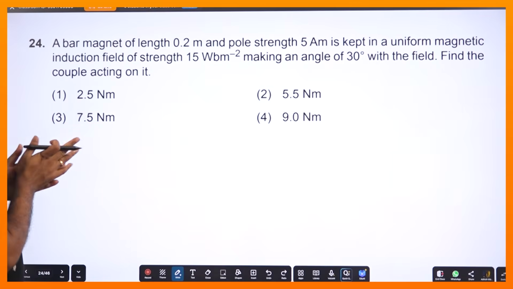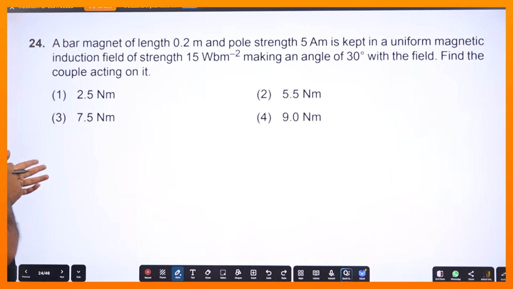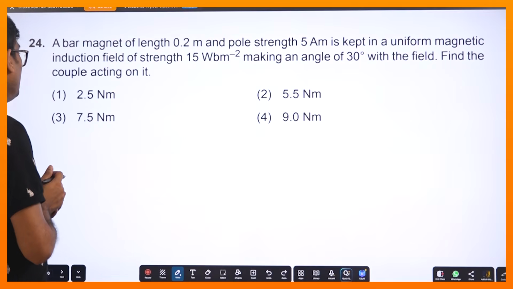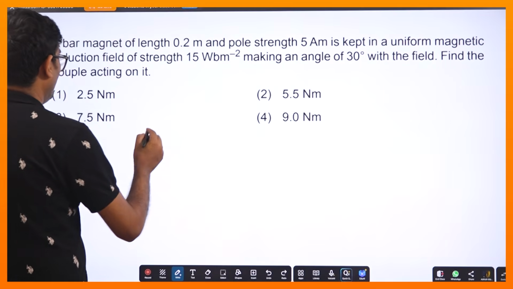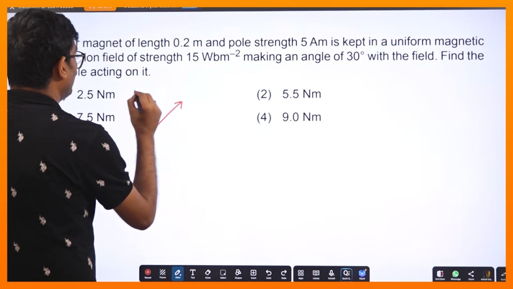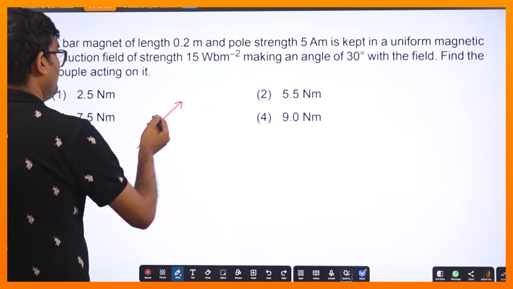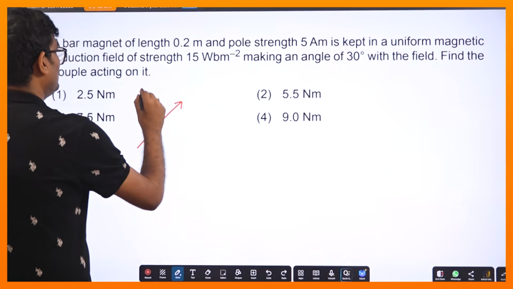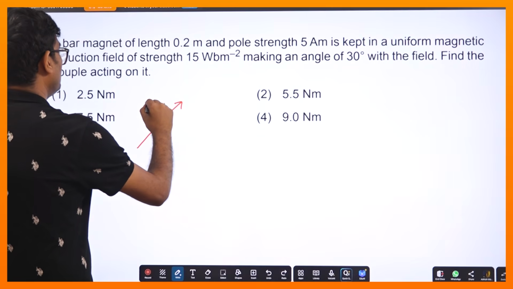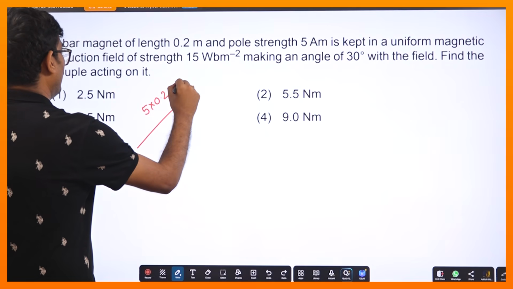A bar magnet of pole strength 5 is kept in a uniform magnetic field of 15 Weber per meter square, making an angle 30 degree with the field. What is the couple or torque acting on it? If it is a bar magnet, I have to calculate its dipole moment. Dipole moment is pole strength into the length. So 5 into 0.2, that is 1, right?